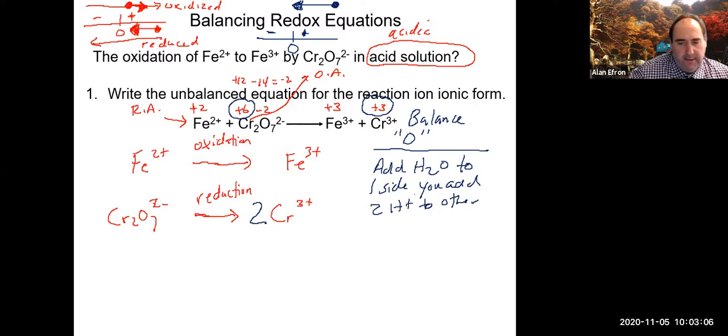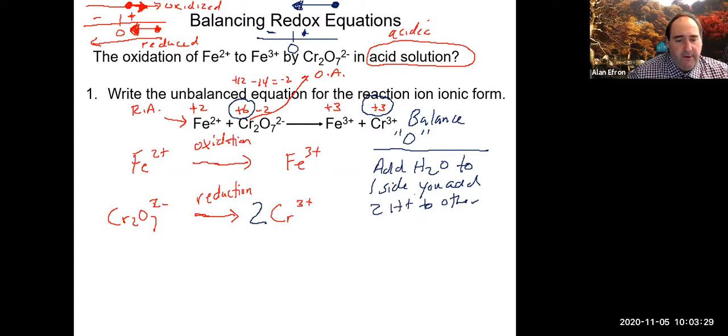All right, so when we add water to one side, we add 2 H pluses to the other. That's going to balance our oxygen, and it's also going to balance our hydrogen. In terms of the iron, it has no oxygen, so we don't have to worry about it.